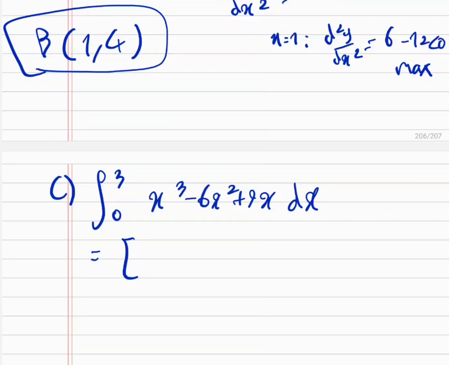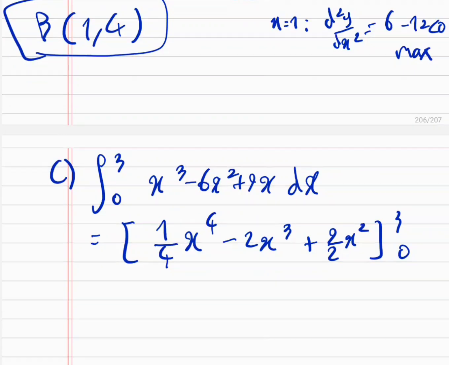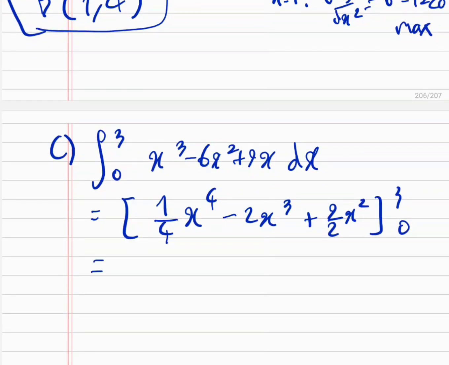So x cubed integrates to 1 over 4 x to the power of 4, 6x squared integrates to, it's obviously minus, so we have minus 2x cubed, and then 9 over 2 x squared between 3 and 0, and yeah, so when we substitute, we get the value 15 over 4 for the area. And yeah, so that's basically the area of the region.